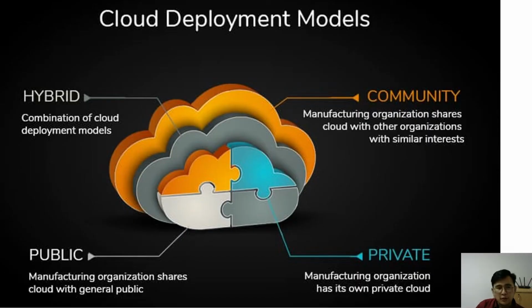We have a lot of cloud deployment models, and for example, we have these four main ones: hybrid, public, private, and community. Hybrid is a combination of cloud deployment models that IT or computer science enthusiasts made to build their cloud technology.